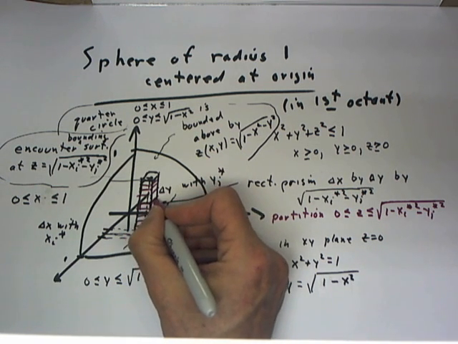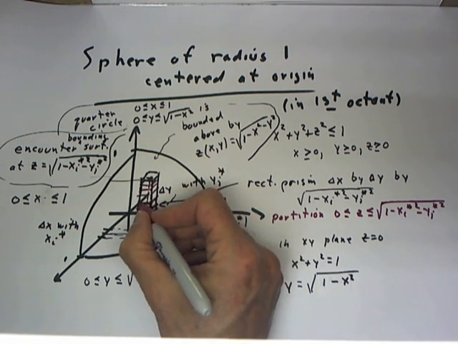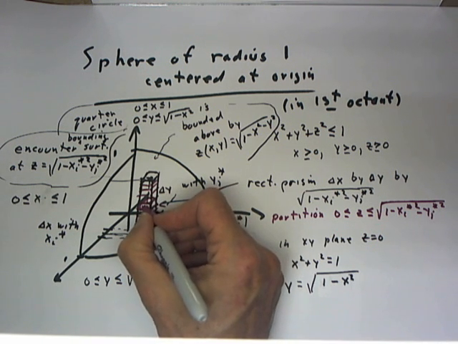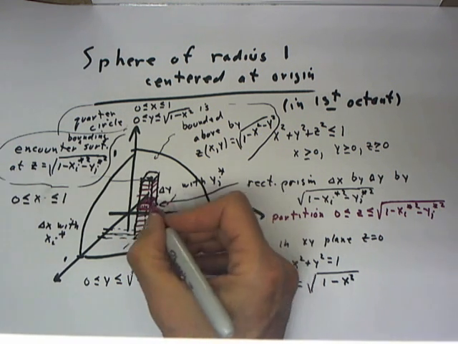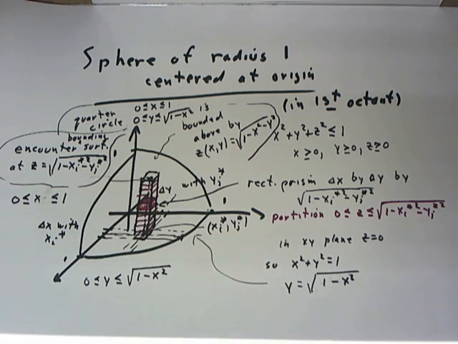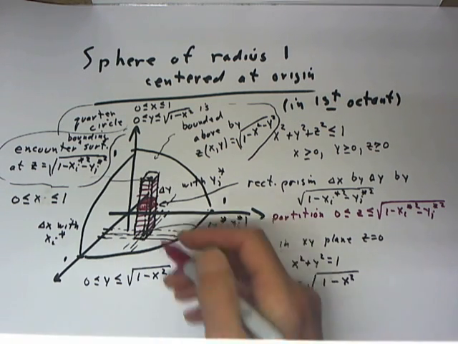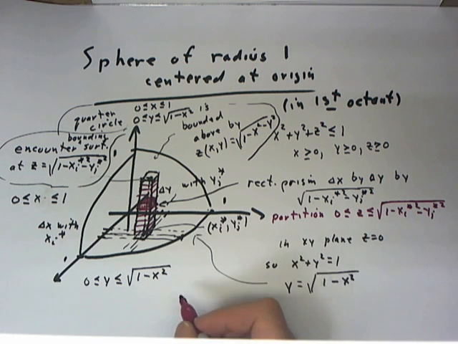Let's just say that that typical box is this one right here. Let's go ahead and flesh it out and fill it in and put a surface on it. So that's going to be our typical volume increment.